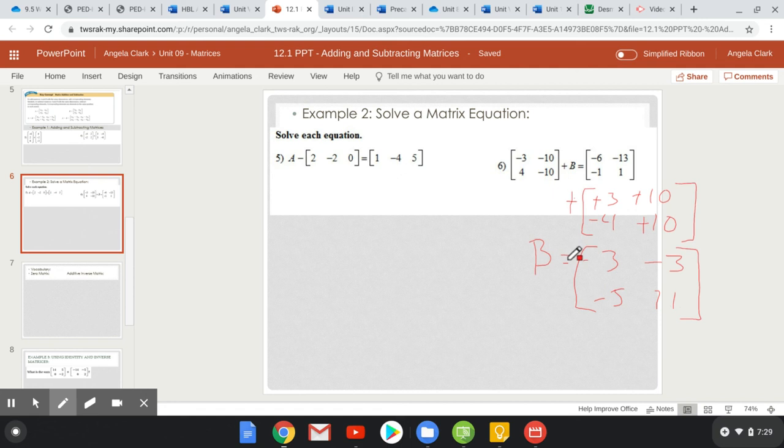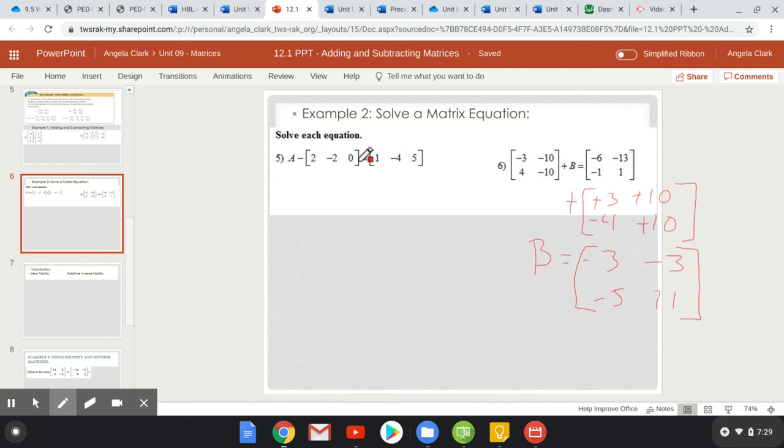So we're just adding or subtracting depending on what we need to do to get the unknown matrix by itself, and then we're just doing that. So that's solving matrix equations. Hopefully it's pretty straightforward.